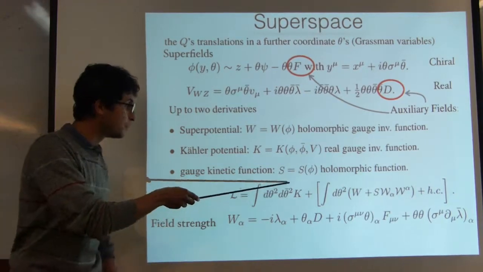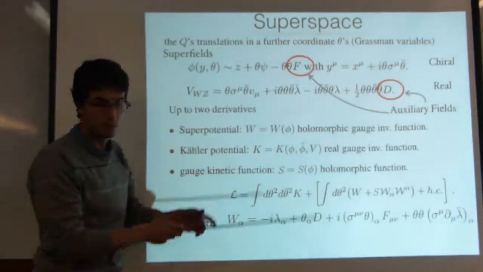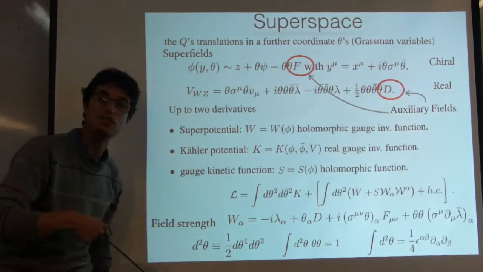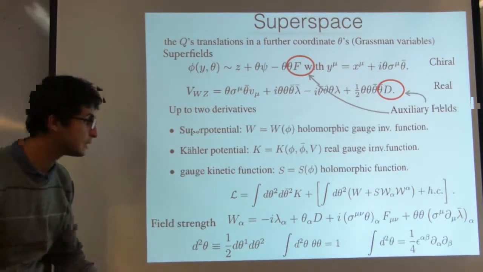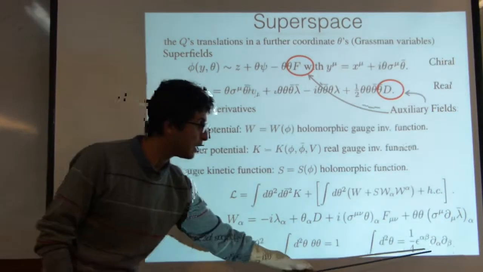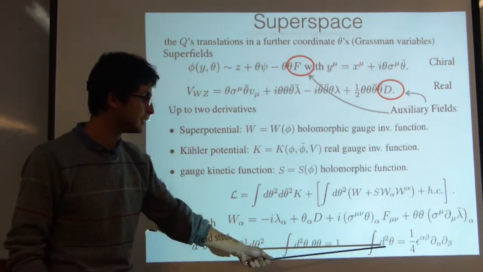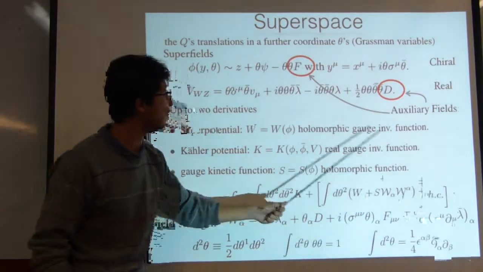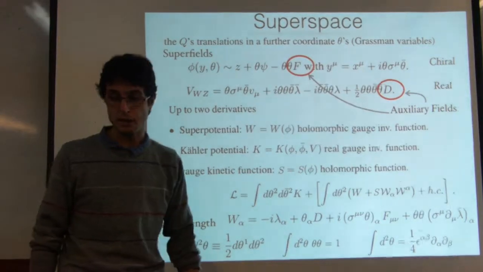So you have here some integrals in theta, in the extra Grassmann variables, and these integrals obey some rules. But something that I want you to see here is that integrating over theta is the same as taking derivatives. So if you have a theta squared integral, it is like taking only the theta squared part, the auxiliary part of this chiral superfield.